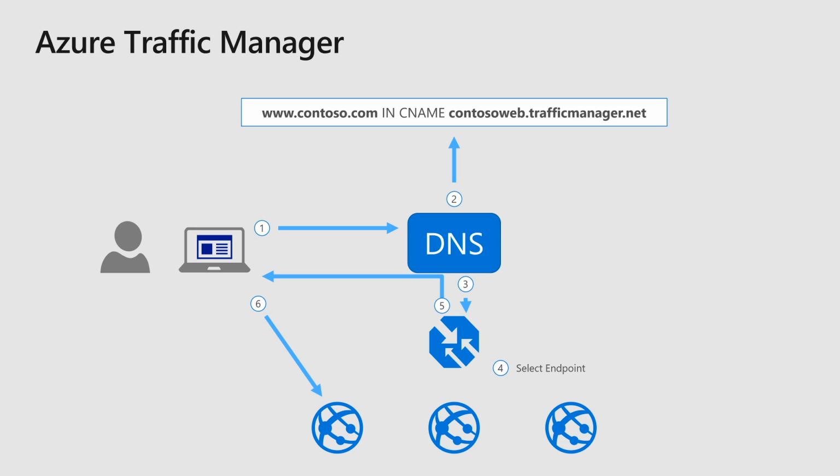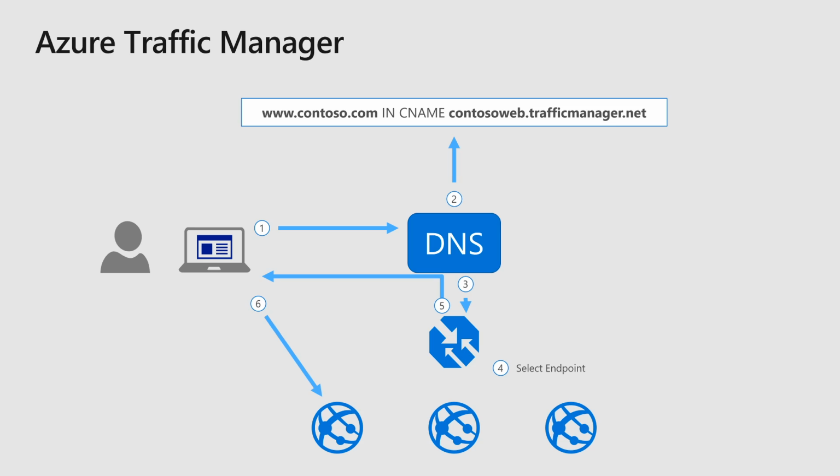It will select the endpoint, and then it will tell your browser, hey, look, you should connect to that first endpoint on the left. And there's a TTL, a time to live, on that. During that TTL, you just go straight. You don't bother the traffic manager anymore.